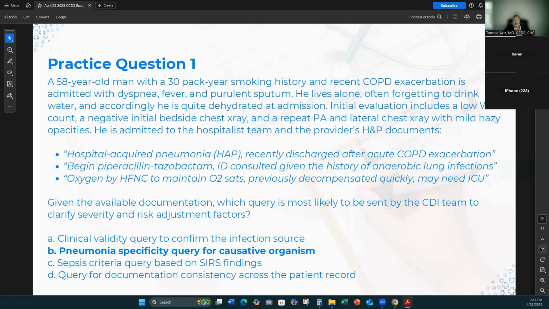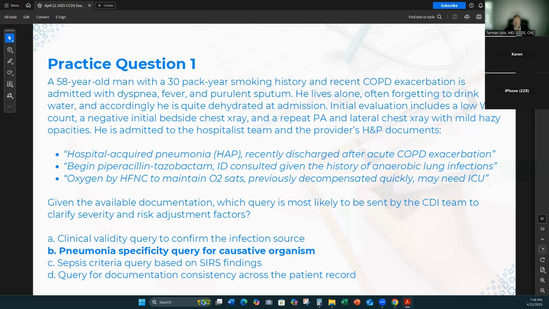Very good. And so, with all that said, what is the problem with this documentation that prompts choice B as the best answer? I agree with all that you've said so far. He documented, like you said earlier, an unspecified pneumonia where he could be very, what's the term I'm looking for?